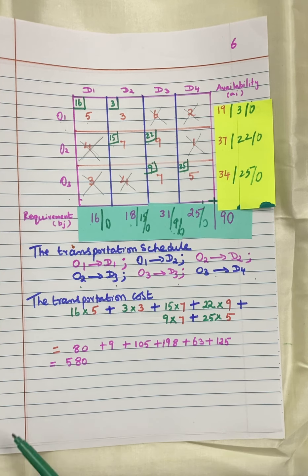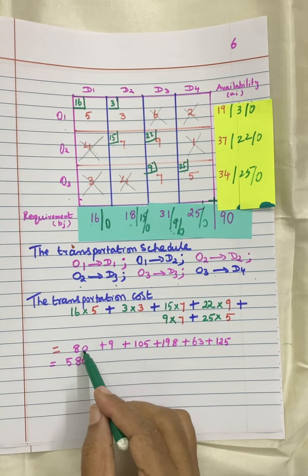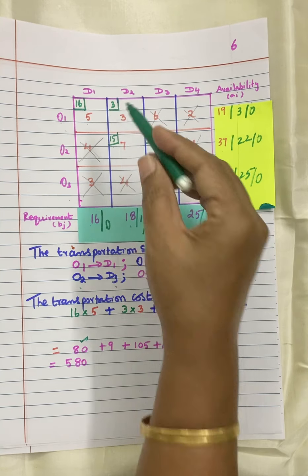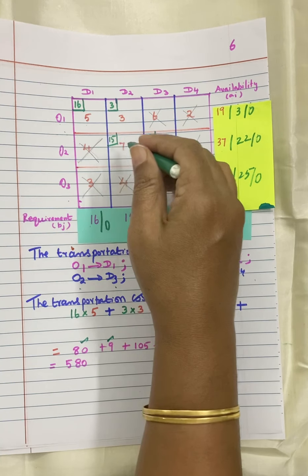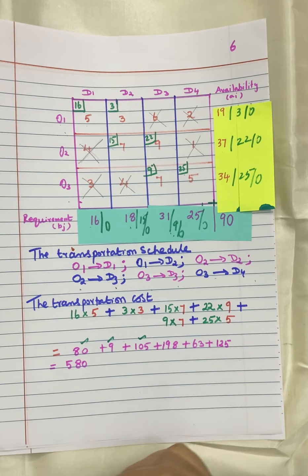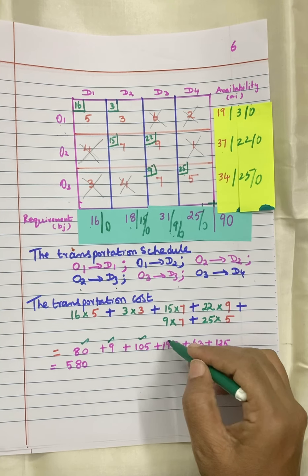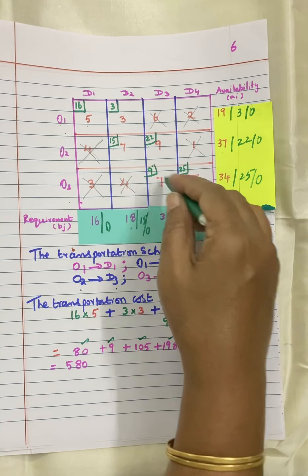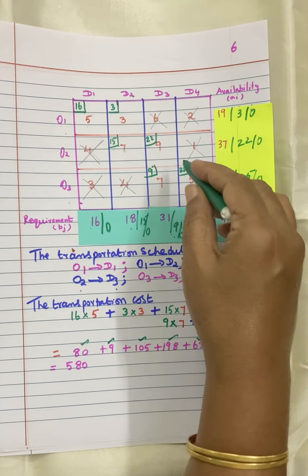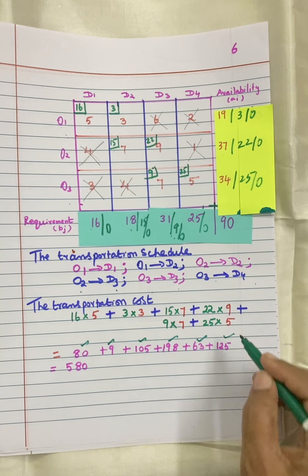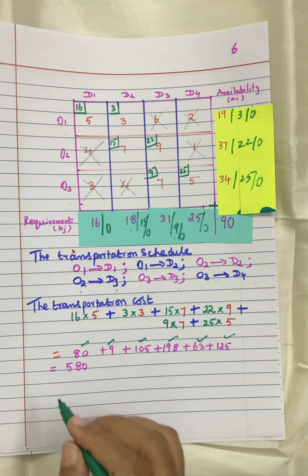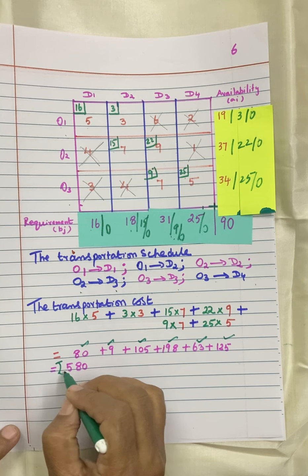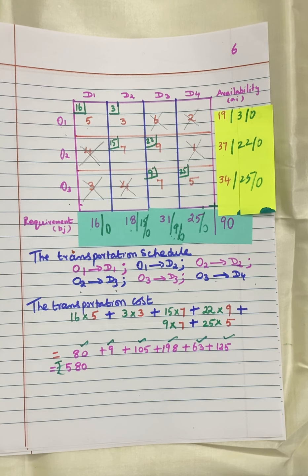The values: 16 5s are, 3 3s are 15, 7s are, 22 into 9, 9 7s are, 25 into 5. The total is this. So the total transportation cost is 580.